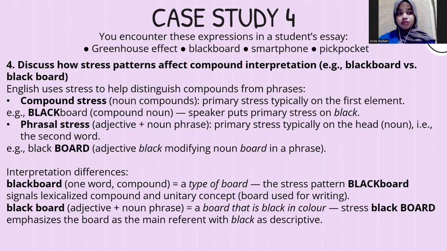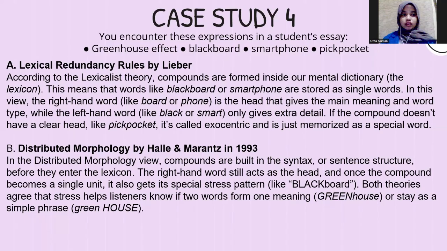And in the example of the word blackboard, not as a compound noun, but as two different words, the meaning differs. And these are the morphological theories. The first theory explains that compounds are formed inside our mental dictionary, meaning that words like blackboard or smartphone are stored as single words. And in the distributed morphology view, compounds are built in the syntax or sentence structure before they enter the lexicon.